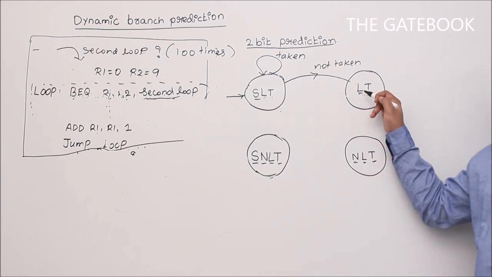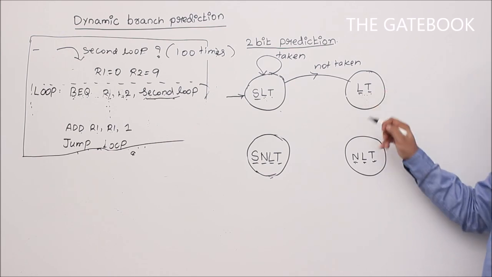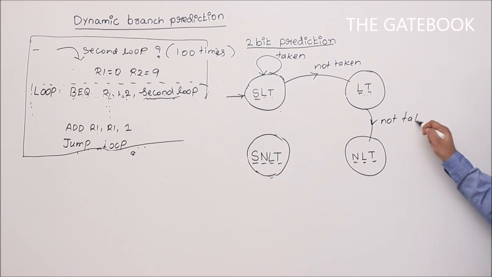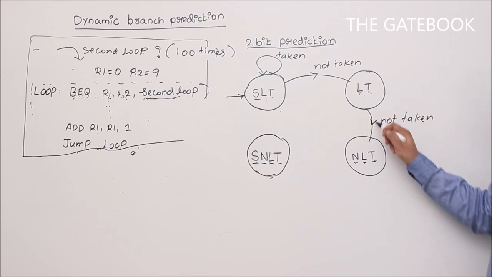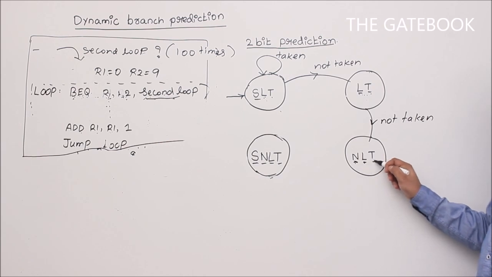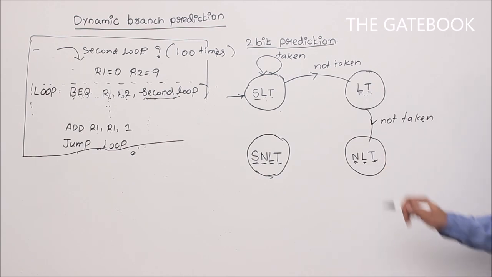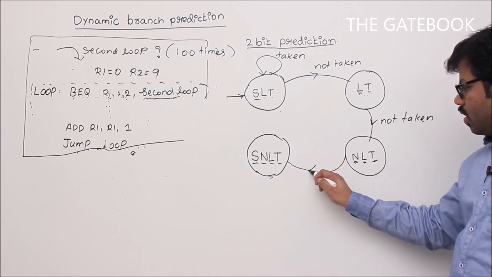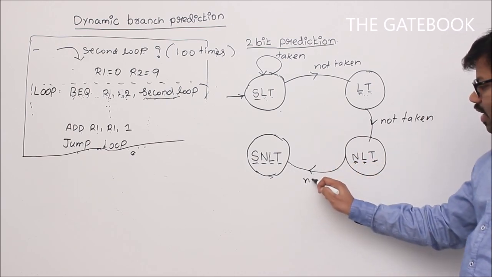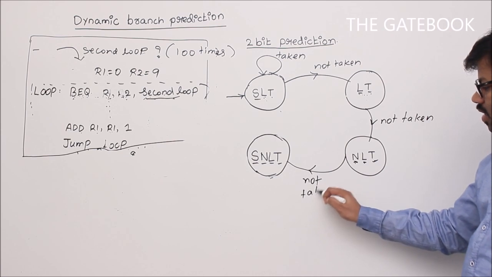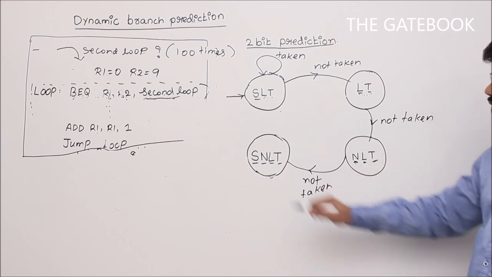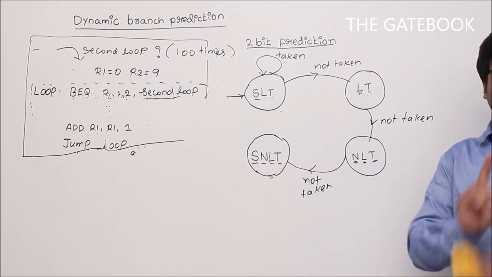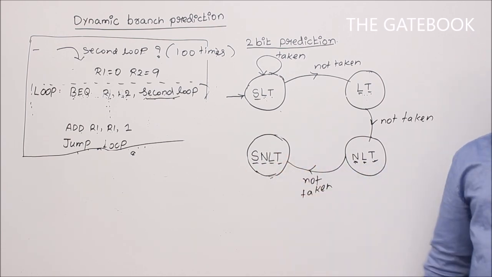When you are in likely to be taken, then you are going to change your mood if the decision is not taken. Again, the second time also, if you predict wrong, then you will come to the not likely to be taken state. When you are in the not likely to be taken state and really the branch is not taken, then your opinion will become strong and you say strongly not likely to be taken. From now onwards, you say that yes, branch is not really getting taken.